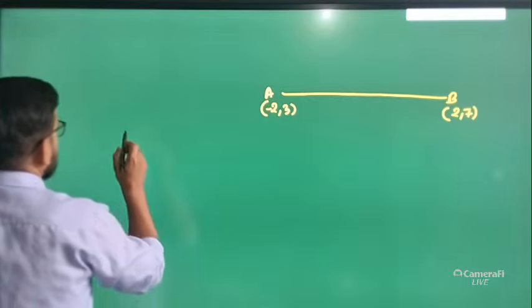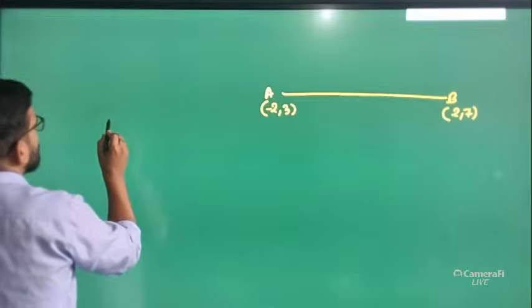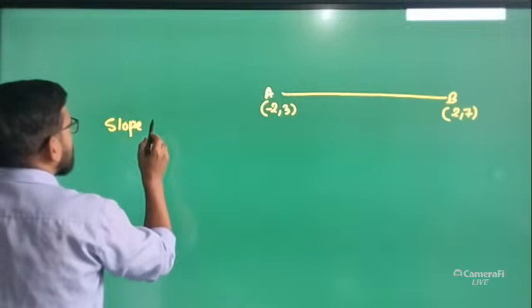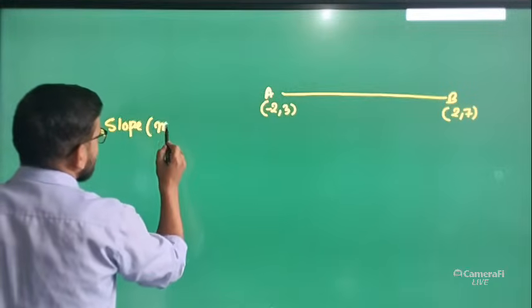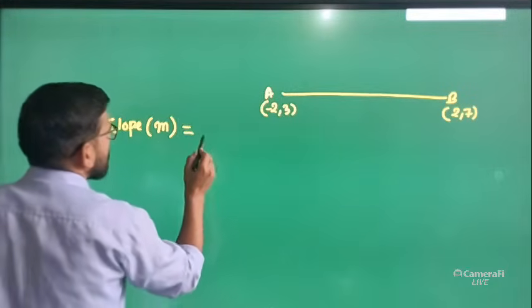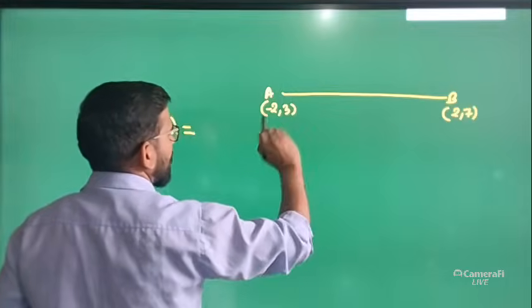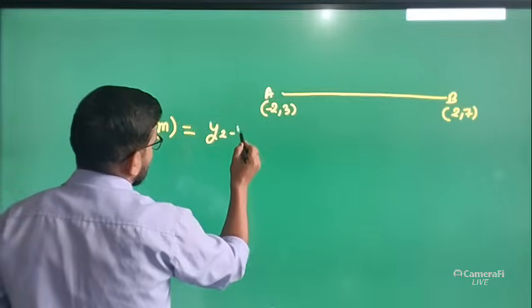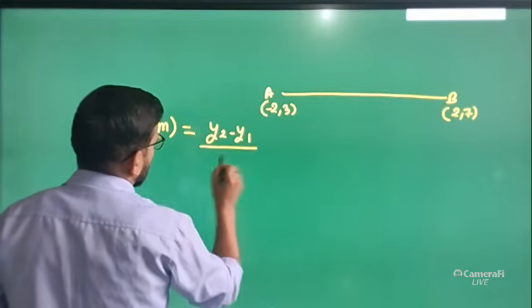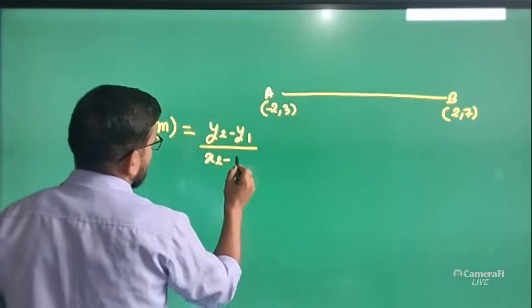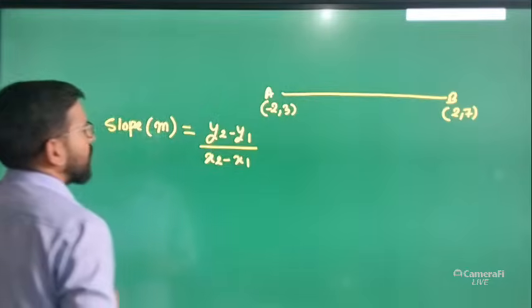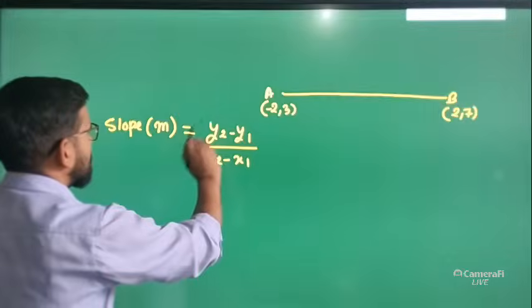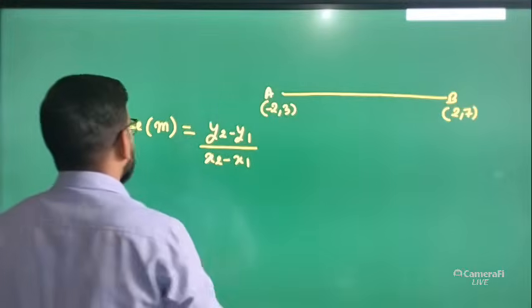We know that slope, which we represent by m, is equal to y2 minus y1 upon x2 minus x1, or you can write y1 minus y2 upon x1 minus x2.